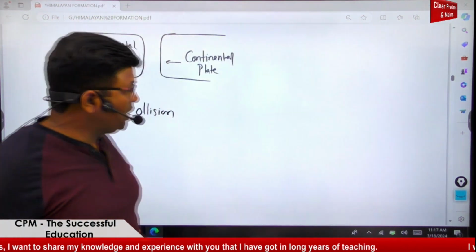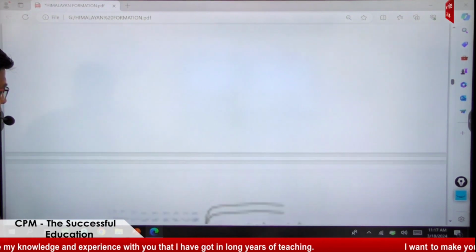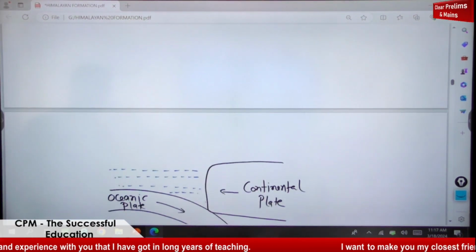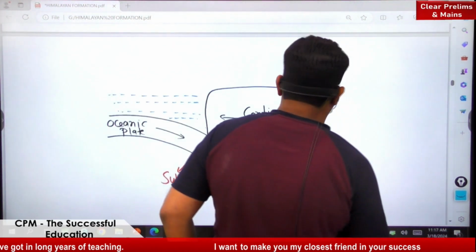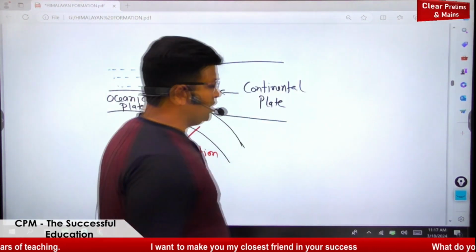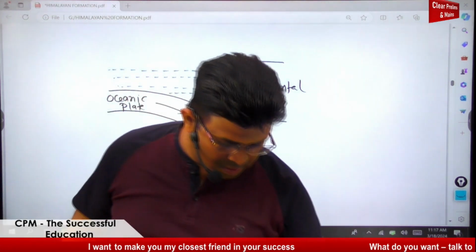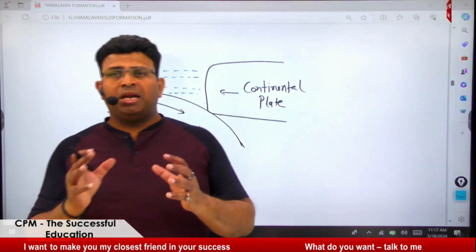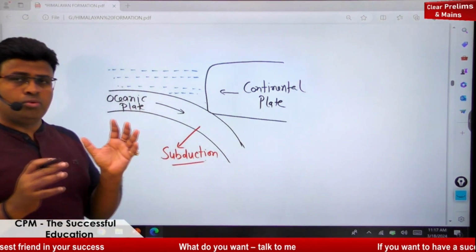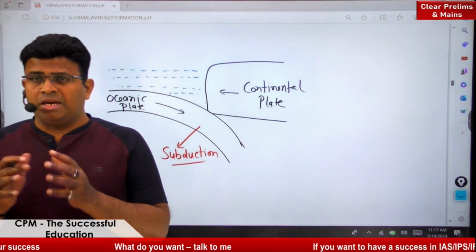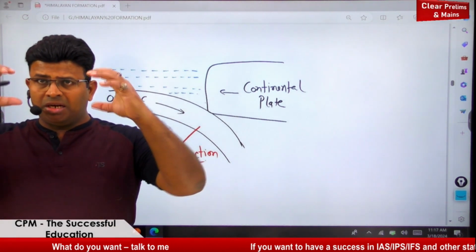But when one is an oceanic plate and another is a continental plate, and I have said earlier, you can go back and watch the video, that the oceanic plate is mostly made up of iron, so it is thicker and heavier.